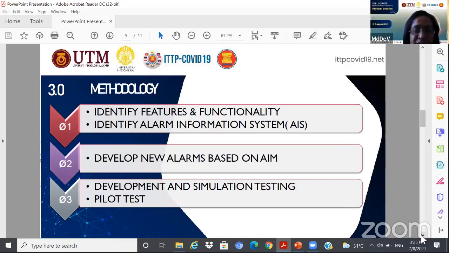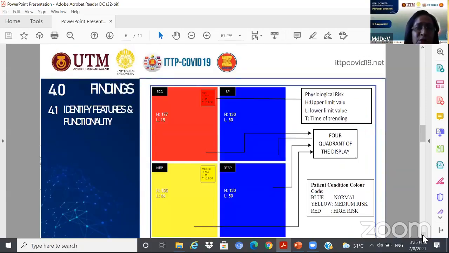The outcome was identified through root cause analysis, RCA, to verify the root cause of the alarm problem in the ICU and CCU that affects the human factor, usually using usability studies with reference to IEC 62366.